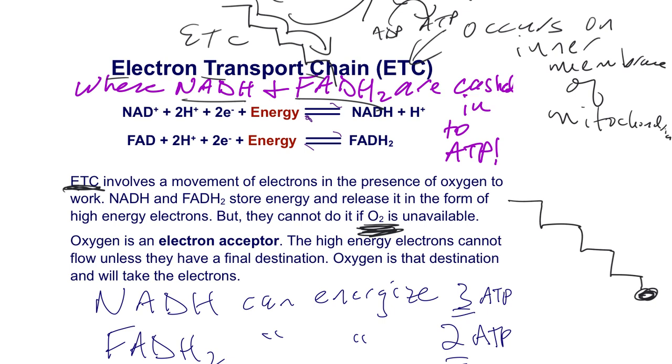So oxygen is really important at the bottom of the ETC. If we don't have oxygen, we die. We can't do anaerobic respiration for more than maybe a couple of minutes, and you'll die because you're not getting enough ATP to run all the activities our cells have to do to keep us alive.